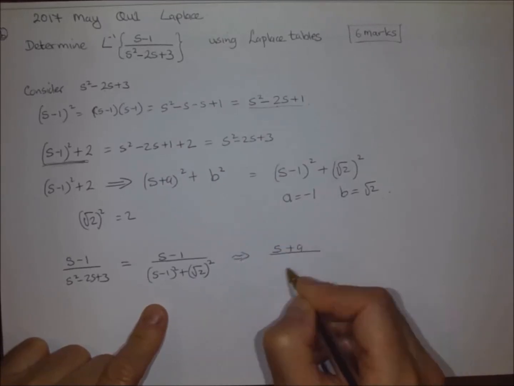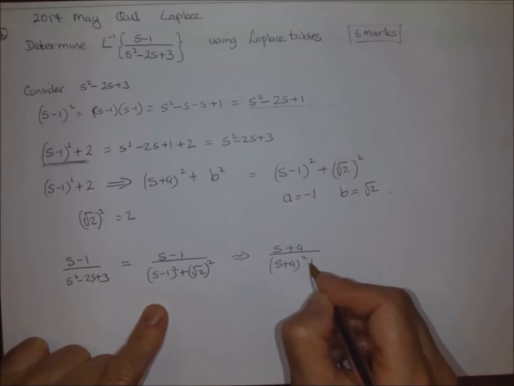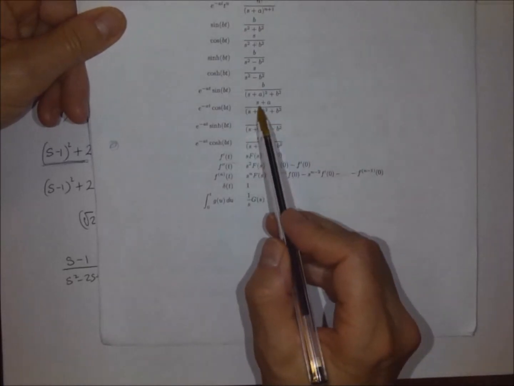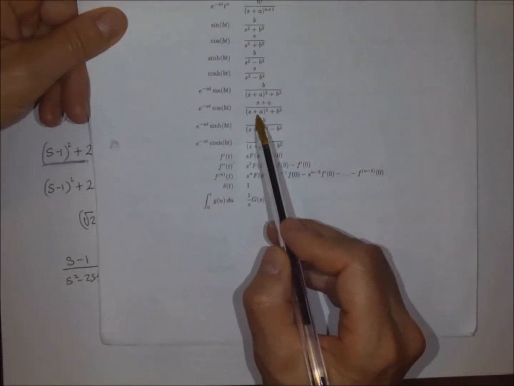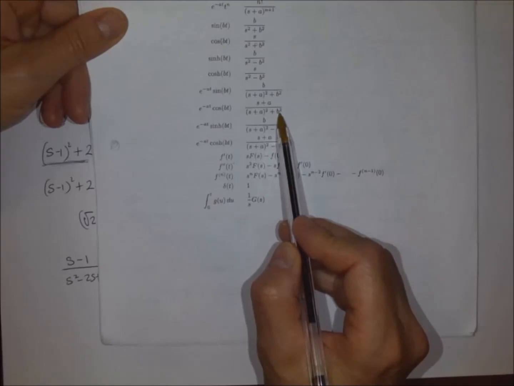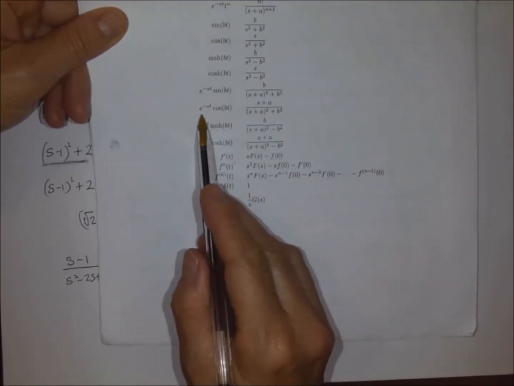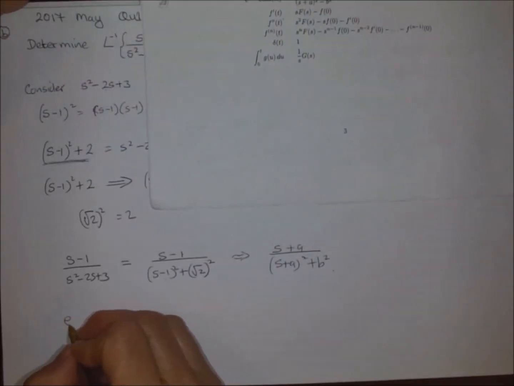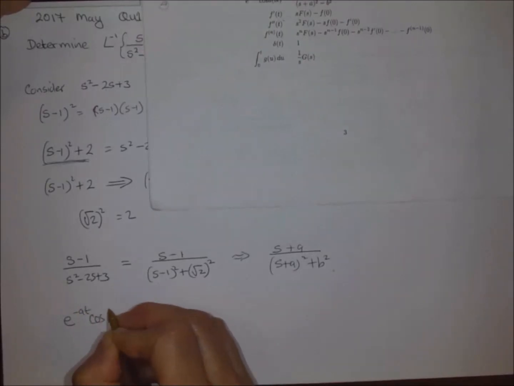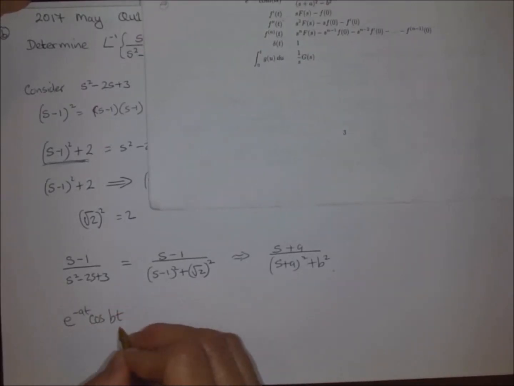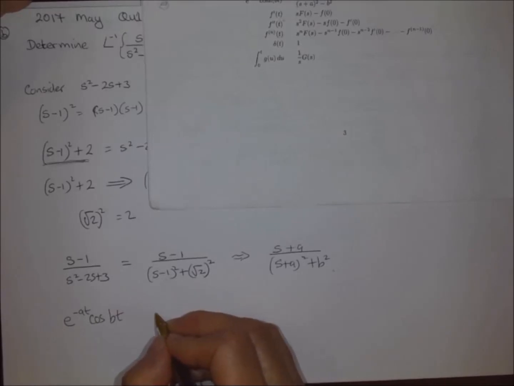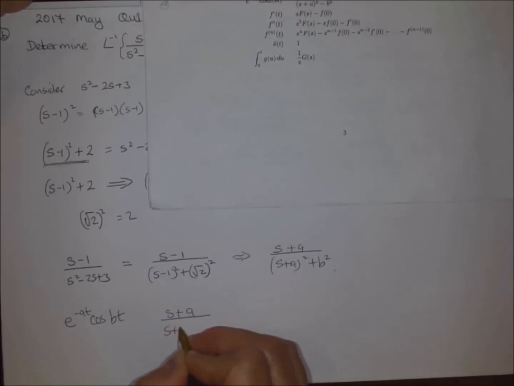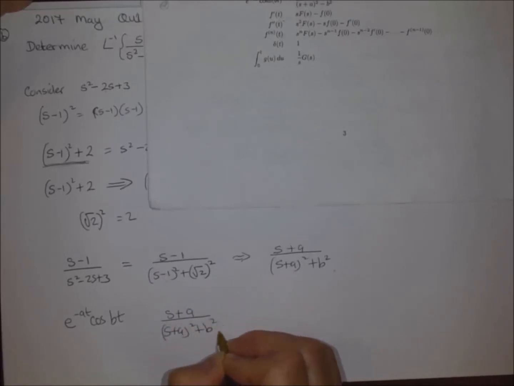If you check the tables for this one, s plus a over s plus a squared plus b squared is on the left hand side, and on the right hand side we have e to the minus at cos bt. So if we did the Laplace on e to the minus at cosine bt, it would be equal to s plus a over s plus a squared plus b squared.